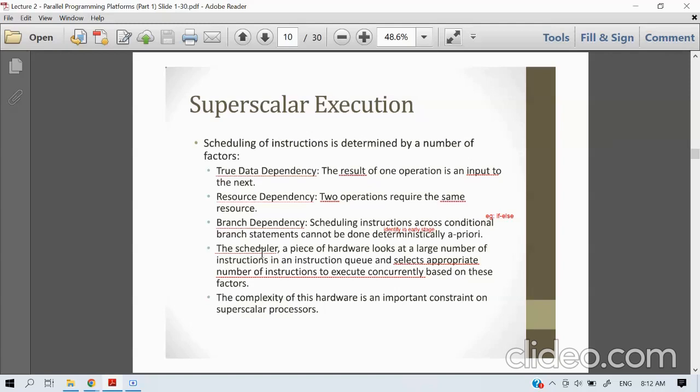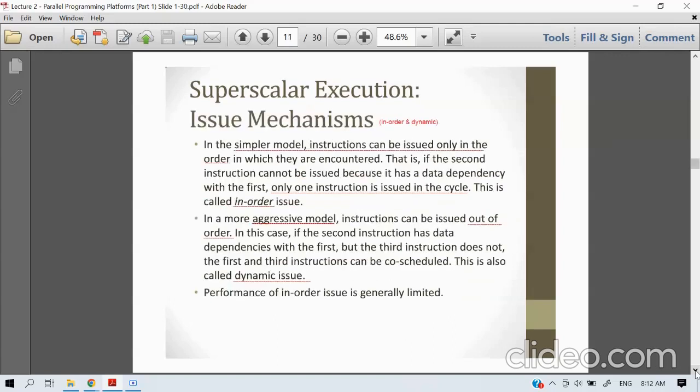So the complexity of this hardware is an important constraint on superscalar processors, which means when we want to implement superscalar, we need to consider three factors, and then the scheduler chooses whether the instructions can be done concurrently or not.